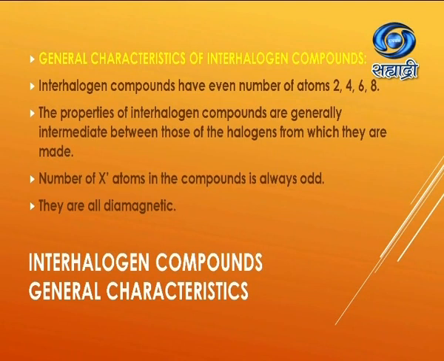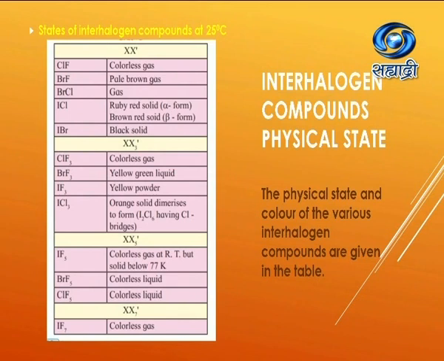The properties of interhalogen compounds are generally intermediate between those of the halogens from which they are made. The number of X' atoms in the compounds is always odd. They are all diamagnetic.